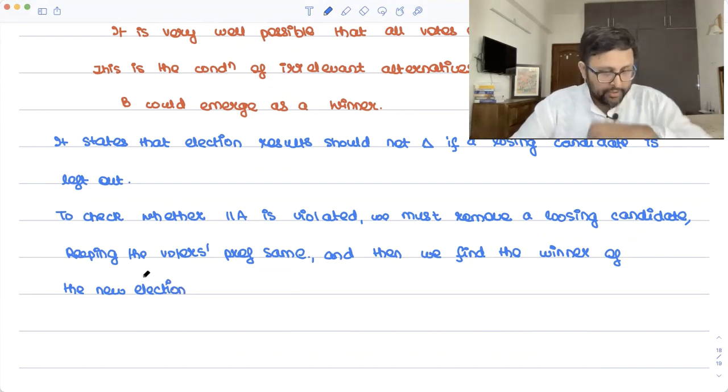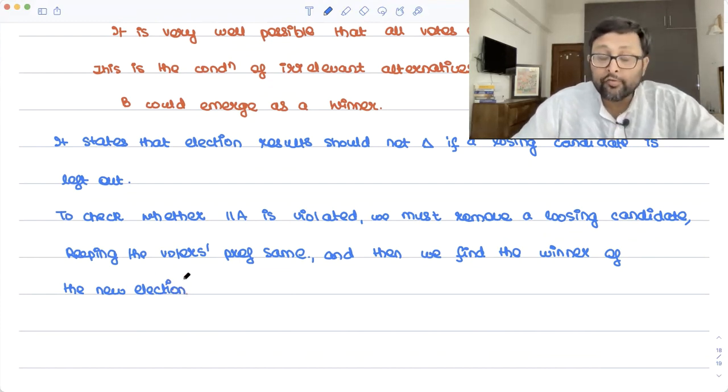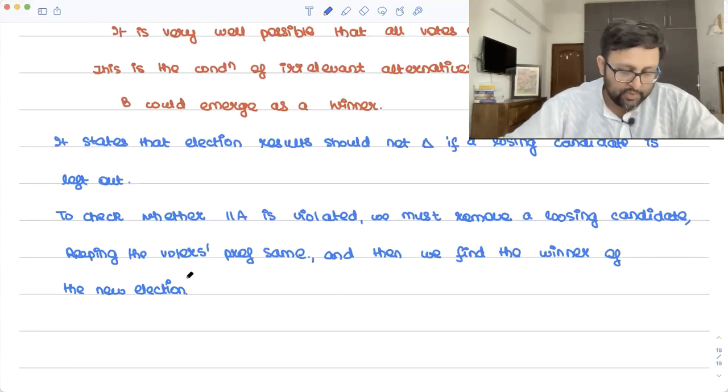And then we find the winner of the new election. And if the winner of the new election is different from the winner of the old and the original election, it means that IIA is violated, right?